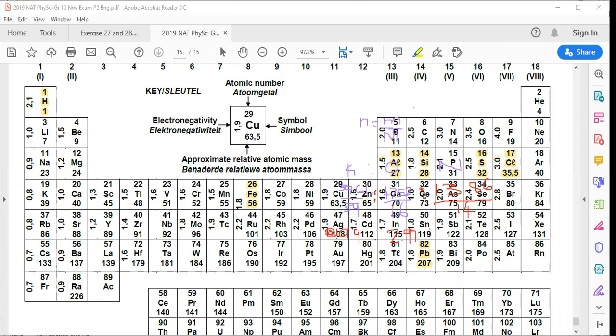Then when I divide 13.86 by this, I get 0.99. Then I check which one is the smallest number here. I've got 0.99 and 2.97. My smallest number is 0.99. So I'm going to divide everything by the smallest number, which is 0.99.